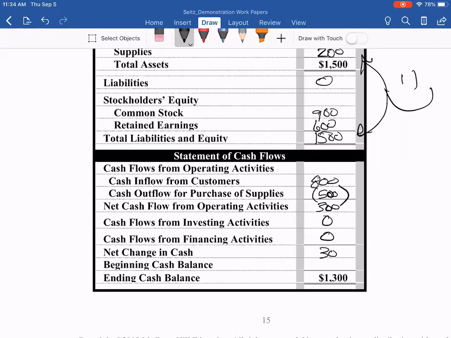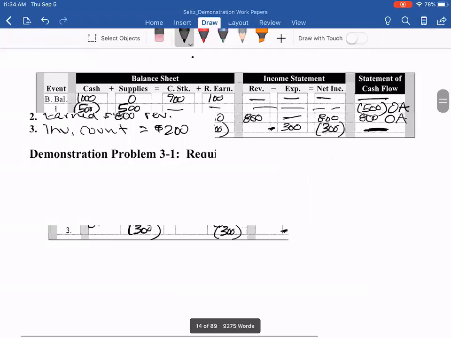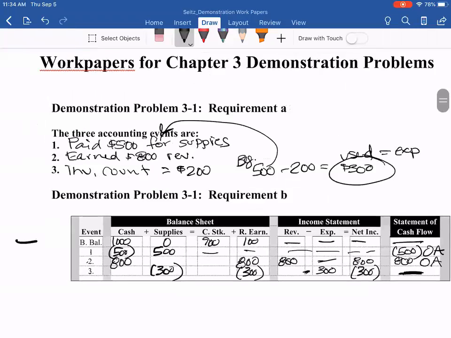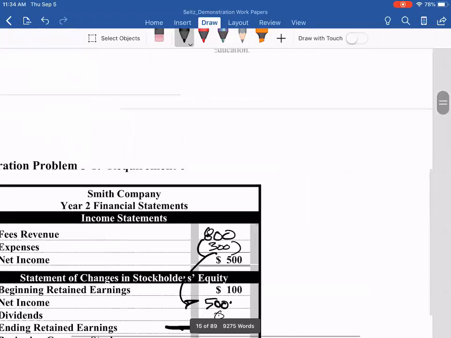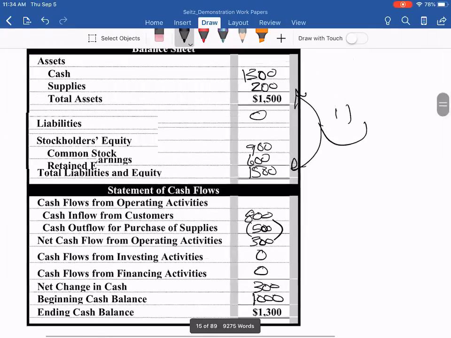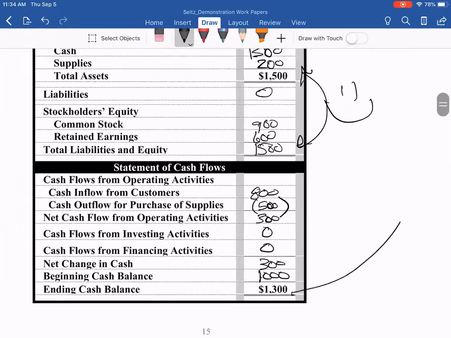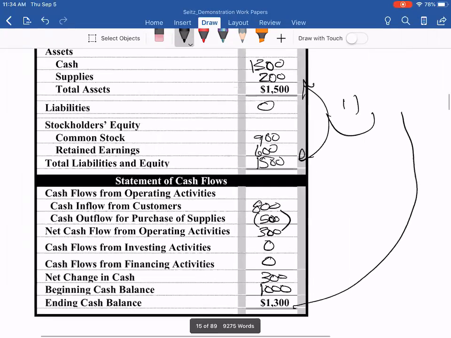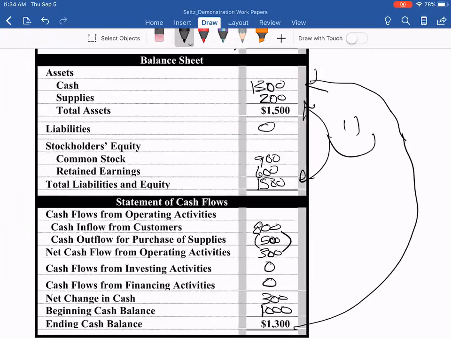So our net change in cash will be 300. I had a beginning cash balance of 1,000, which was given in the problem, and actually is even all the way up here. We had this beginning cash balance of 1,000, and therefore that equals my ending cash balance of 1,300. That ending cash balance, just to do a double check, does in fact equal my ending cash balance here, so I'm good to go.